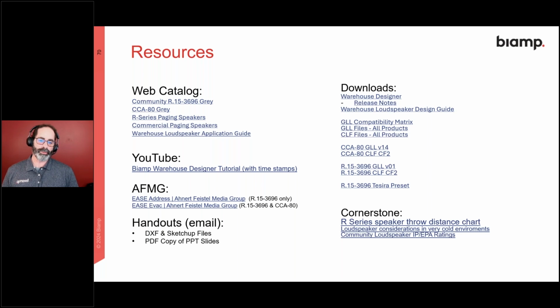This will take you to all the different things that we've talked about. Find them on the catalog, go see some things on YouTube about how to use Warehouse Designer, where to get EASE Address and EVAC if that's a program you think will help you. And then the other downloads is the Biamp downloads for Warehouse Designer for the speaker files that you use in the AFMG software and so on. So these are all of the things that will be available to you.